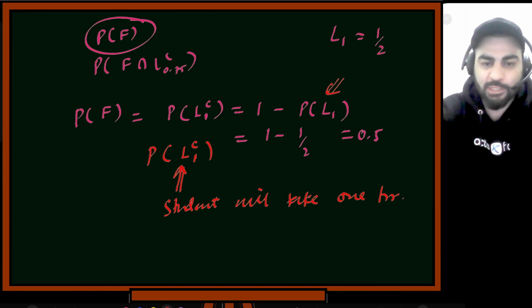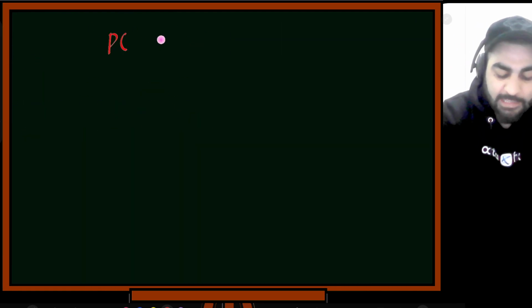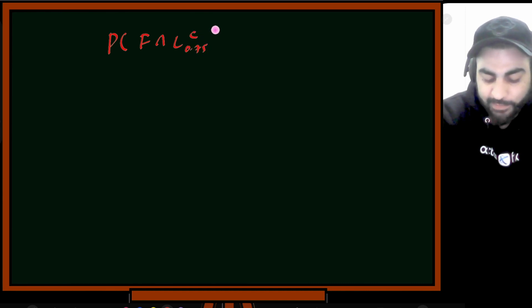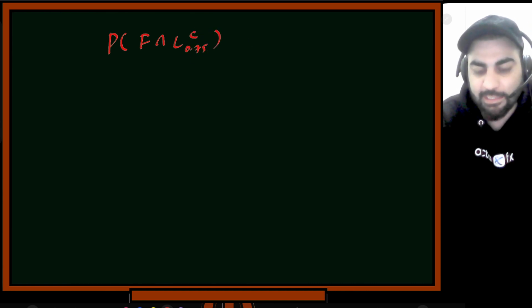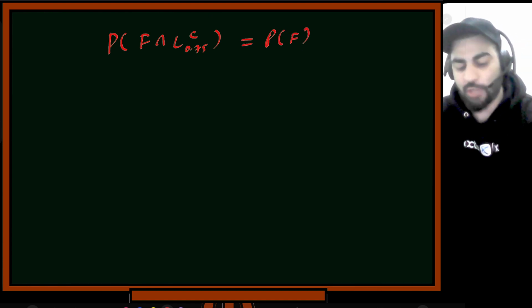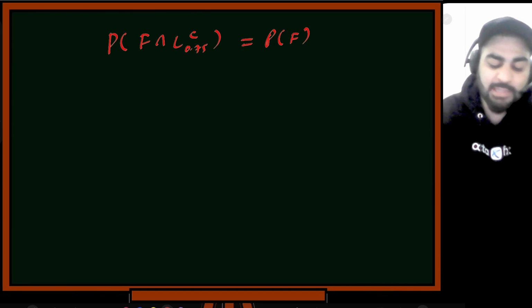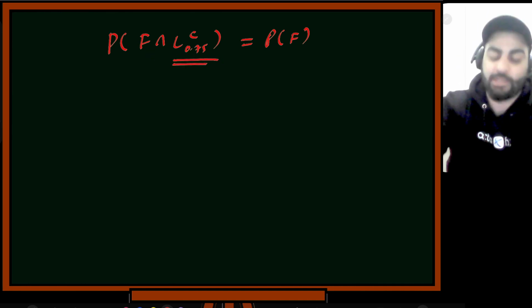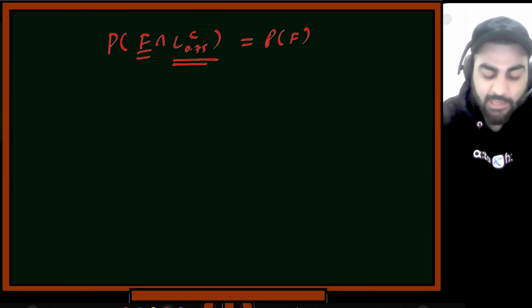Now if you understood this, we can look at the probability of F intersection L 0.75 complement. I can write it directly as P of F. How? Because the intersection says the student will take greater than 0.75, and here the student will take the full hour.